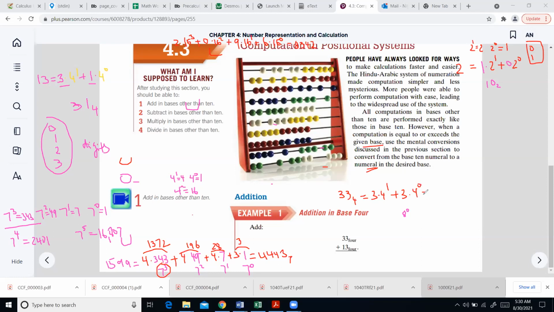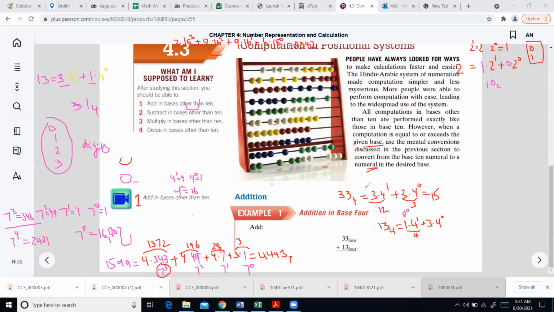So you could write this as 12 plus 3, which is 15. And analogously for 13 in base 4, you can also write this with powers of 4. So 1 will be multiplied by 4 to the first power, and then 3 is multiplied by 4 to the 0 power.